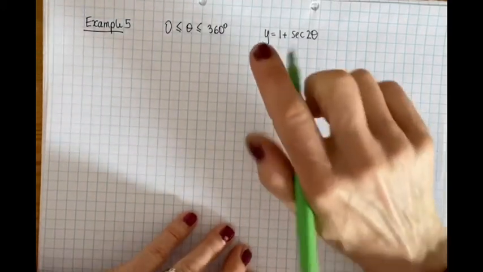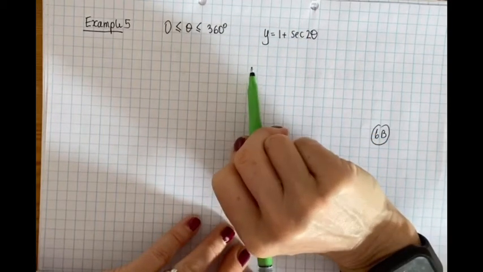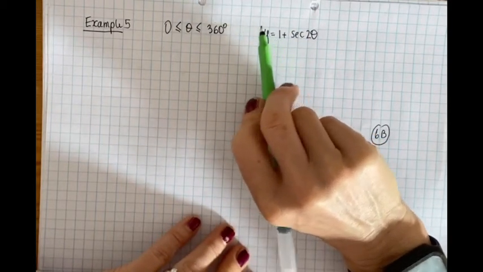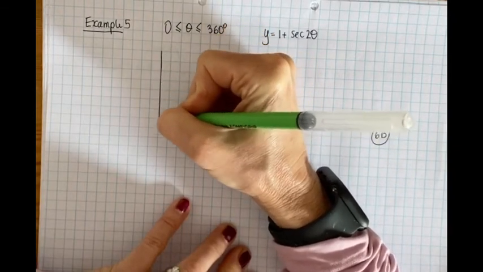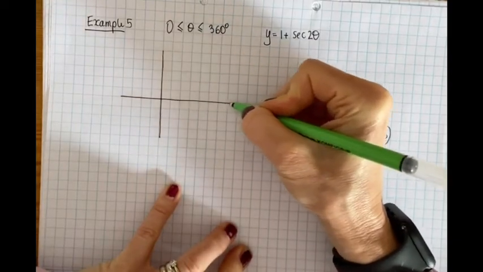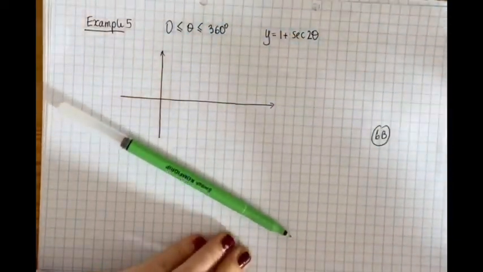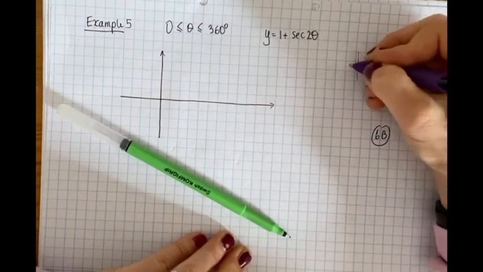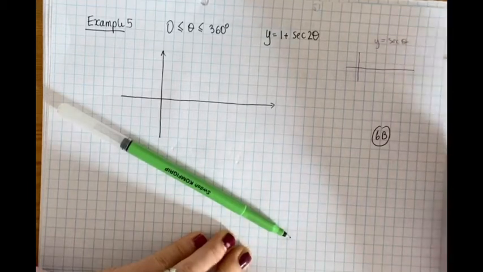So what I'm going to do is sketch sec 2 theta, and then I'm going to deal with adding 1 to the result. So let's have a look at sec 2 theta. I'm just going to have a quick reminder on the side. My sec theta, what would it look like?